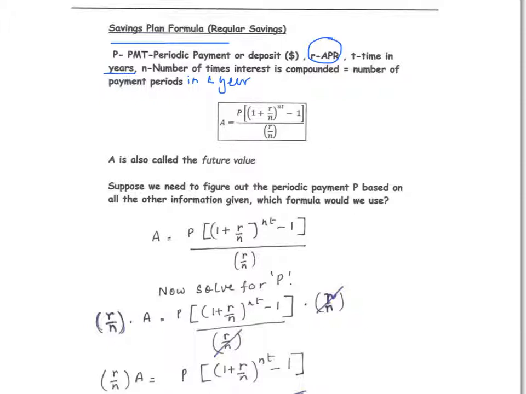So if we make monthly payments, then it means that we have 12 months in a year. So that is 12 payments in a year.